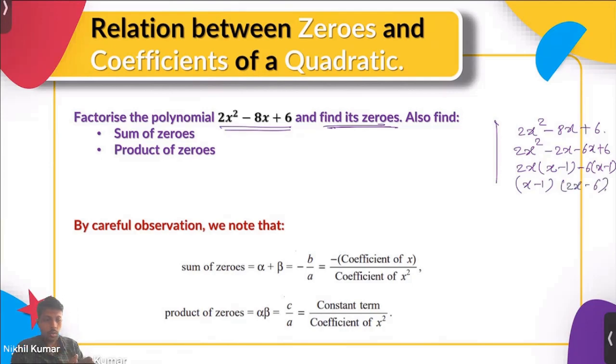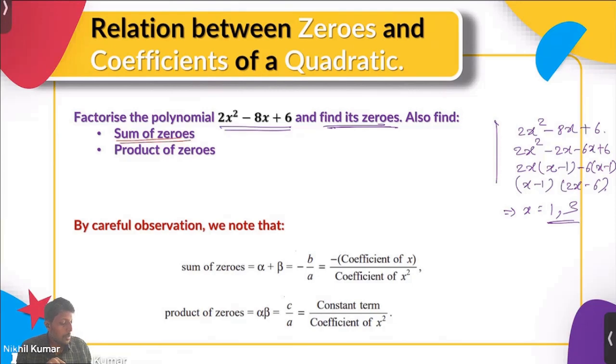These are the two factors, and from here you get x equal to 1, or 6 upon 2, that's 3. 1 and 3 are your zeros.